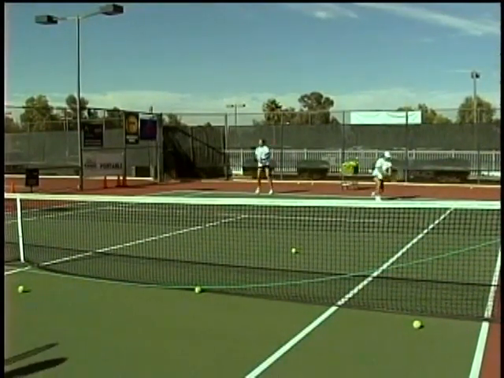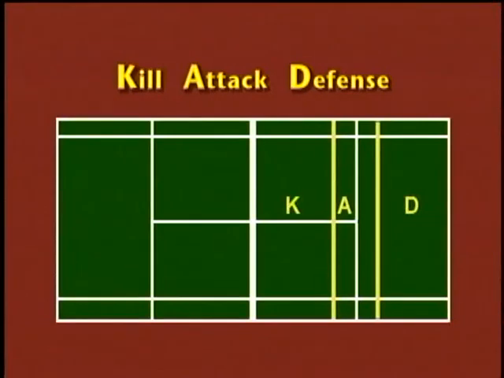So there's 2 specific sets of skills. One are defensive skills or backcourt near the defensive portion, the letter D. And one set of skills is the front court portion, which is the kill attack zone area around the service line and forward.